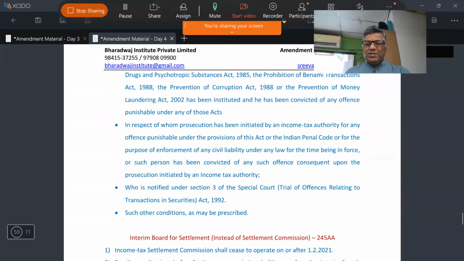I don't think that will be a question. Specific condition: he should not be prosecuted under any other law. That is the sum and substance of it.